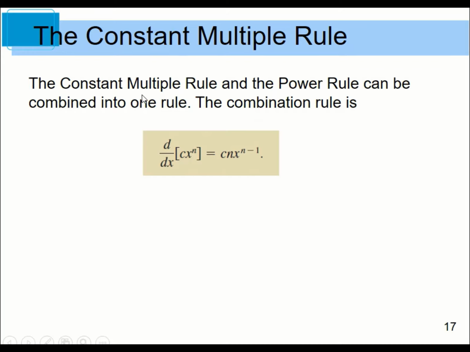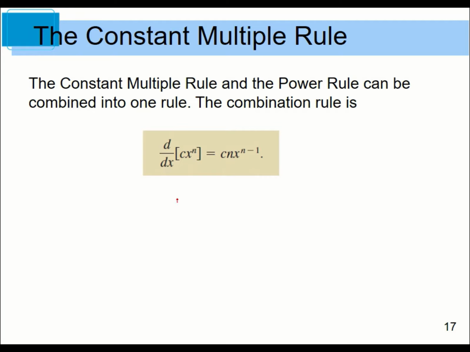Now, one very important thing is that we can actually combine the constant multiple rule and the power rule together to solve some of the questions. As you can see here, when we have cx to the power of n, we can just bring the n down and n minus 1.